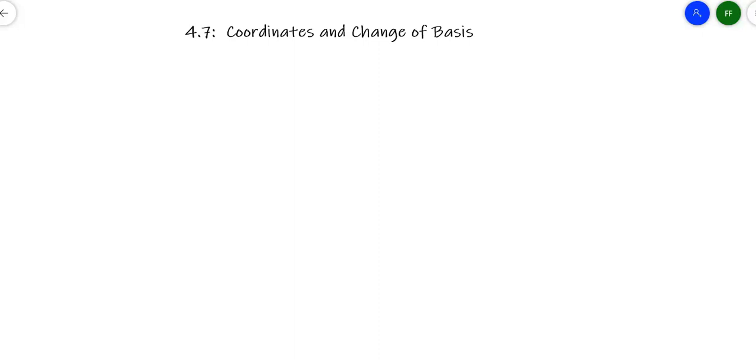So suppose I gave you this nice, innocent-looking vector, 4, -2, 5. It was probably in the first chapter that we said we can write this as a linear combination of the SOBs, standard ordered bases.